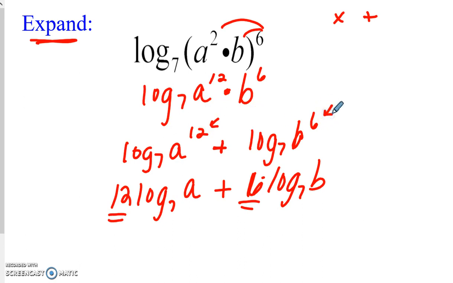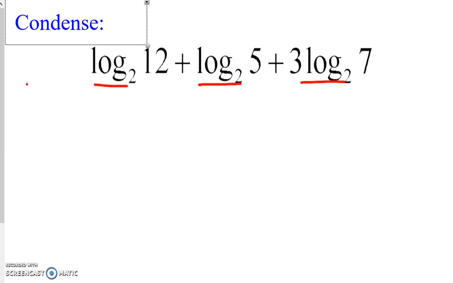So when I look at this problem here, I want to look for coefficients. There's none here, there's none right here, but there's a 3. So what I want to do is say, I know that needs to go up here because now we're going backwards. So when I condense, there's 3 of something, I'm simply making 1 log.